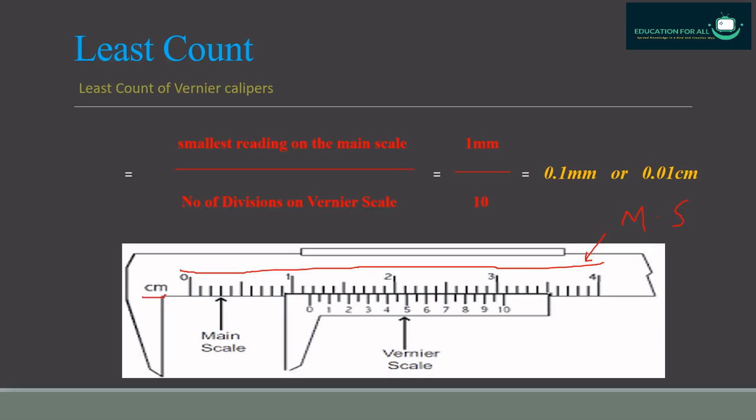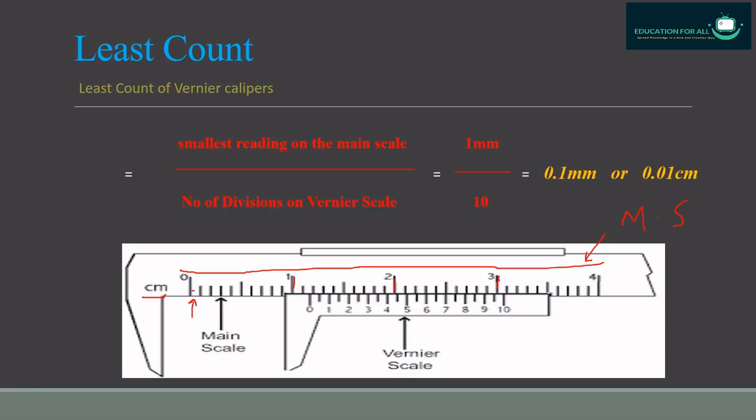From 0 to 1 it is 1 centimeter, here it is 2 centimeters, and here it is 3 centimeters. Now from 0 to 1 there are 10 divisions: 1, 2, 3, 4, 5, 6, 7, 8 and 9, until 1 there are 10 divisions. So the smallest division is equal to 1 millimeter.